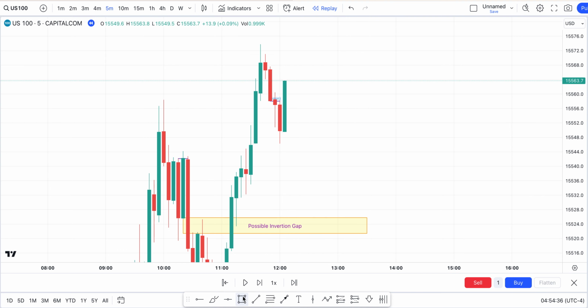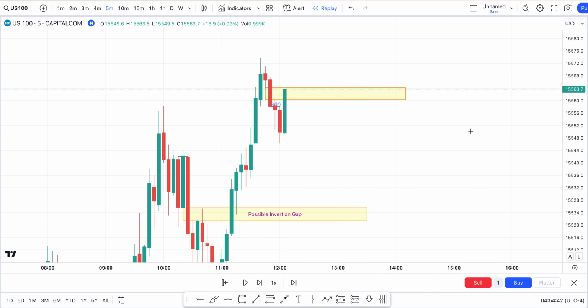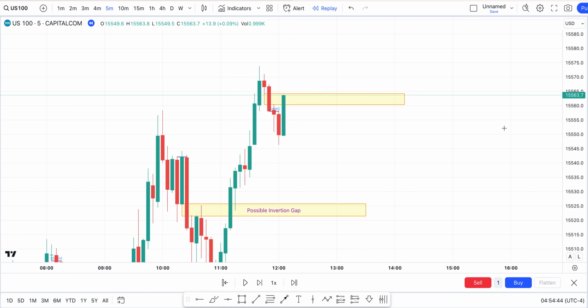And now inside here, inversion fair value gap. Actually, here as well. This high comes in at 15556.3, and this low comes in at 15.